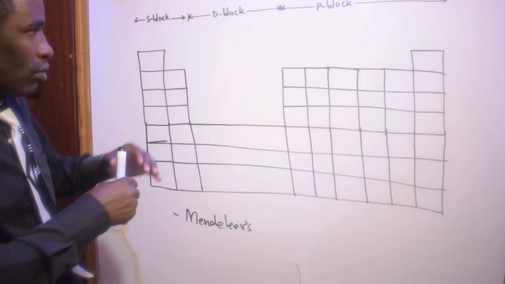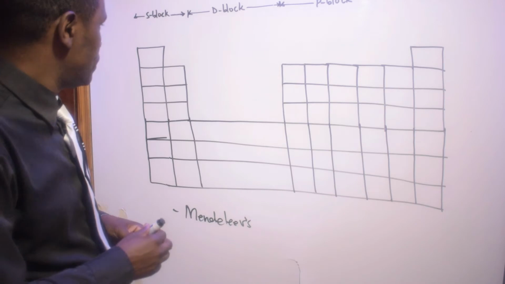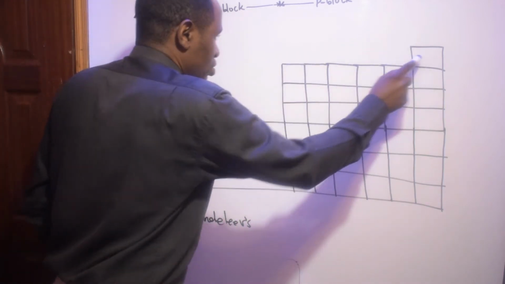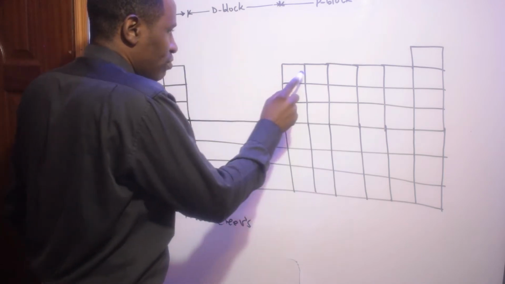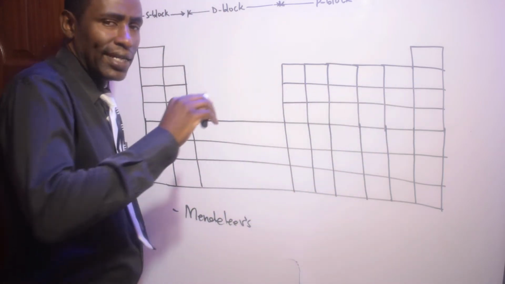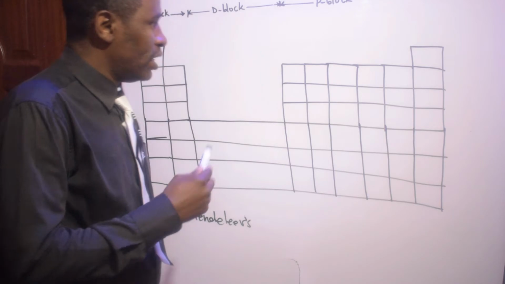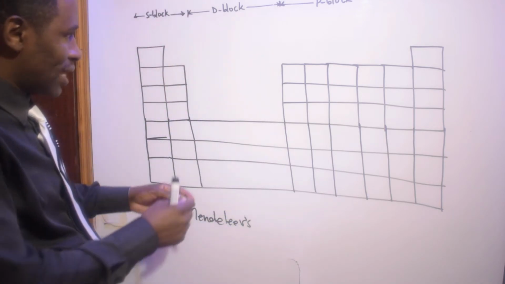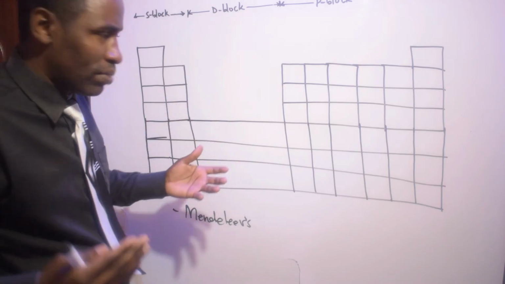Therefore, he would arrange the elements in order of their relative atomic masses, for example in ascending order. And he would realize, according to his law, that at a certain point the properties would repeat themselves.